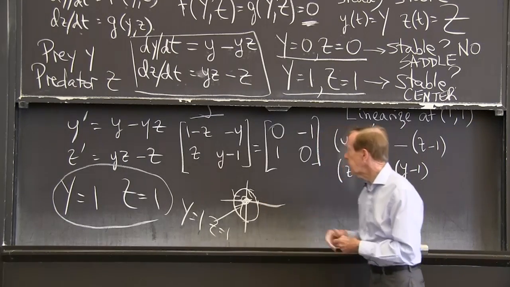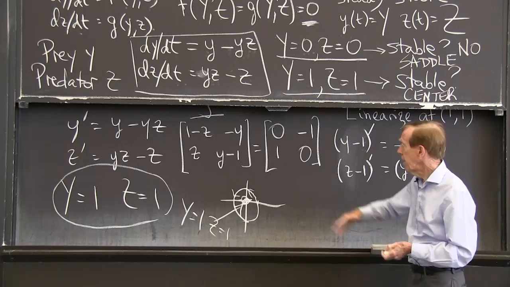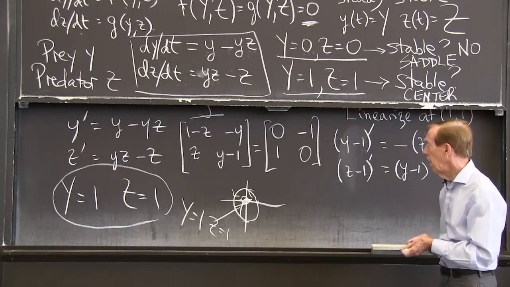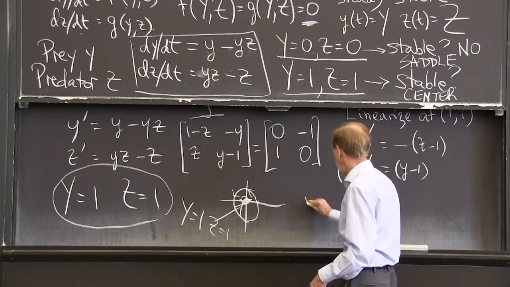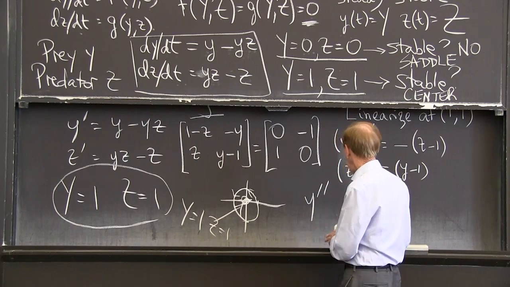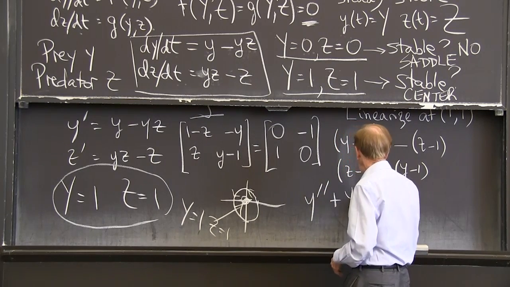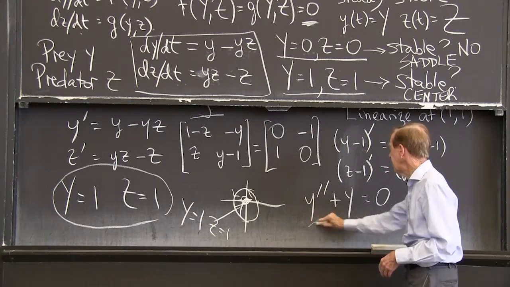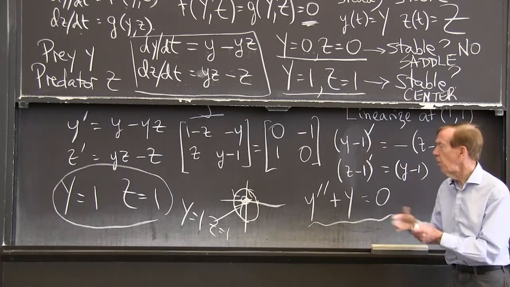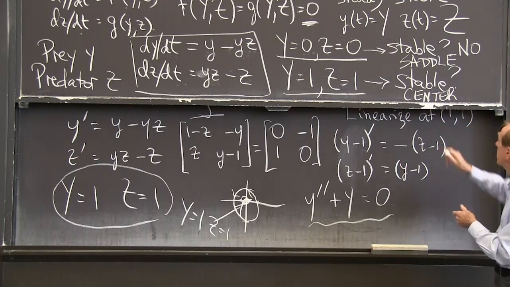It's motion in a circle. It comes from the equation here, motion in a circle as in y double prime plus y equals 0. That's motion in a circle, and that's what we've got. So this is a center.